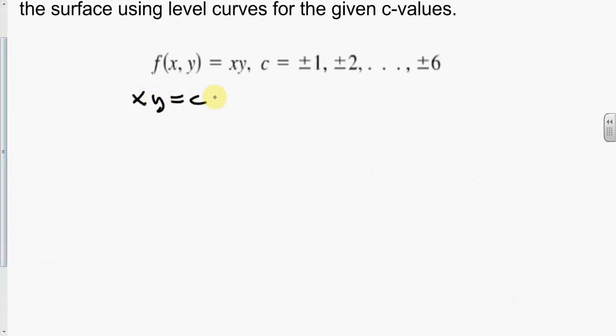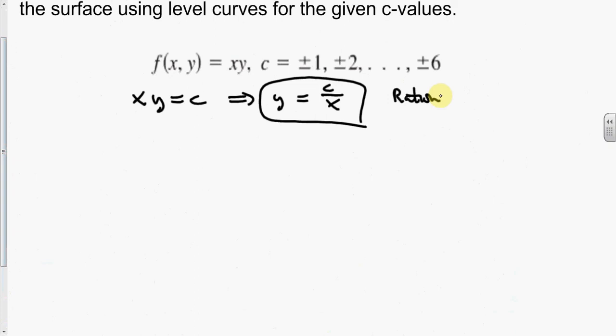x times y is equal to c. Here we have y is equal to c over x. What graph does this depict? Rational function with x equals 0 as a vertical asymptote, right?